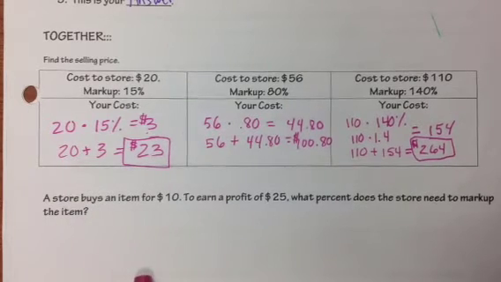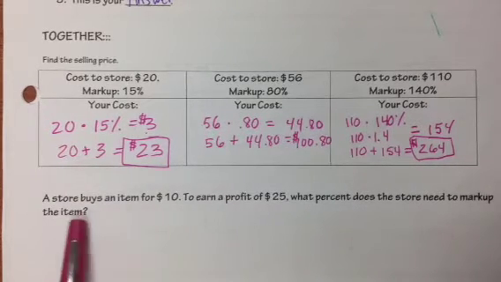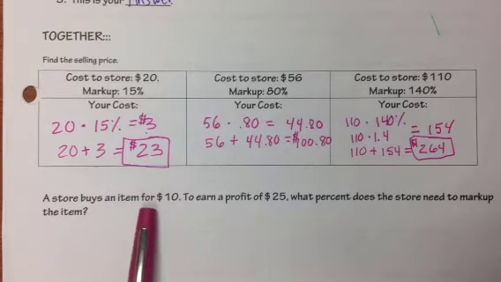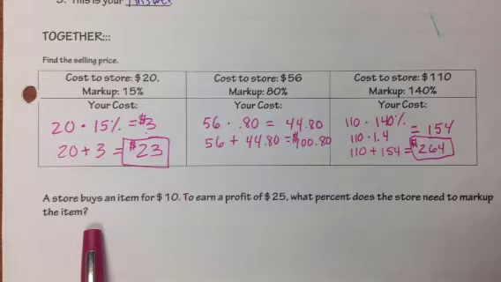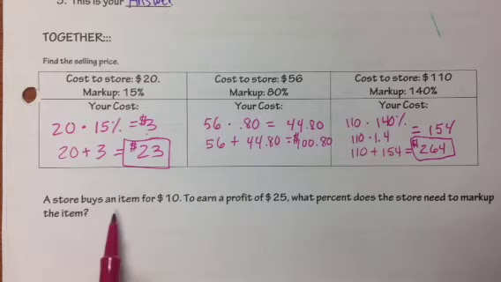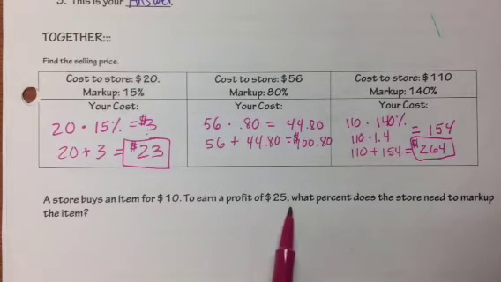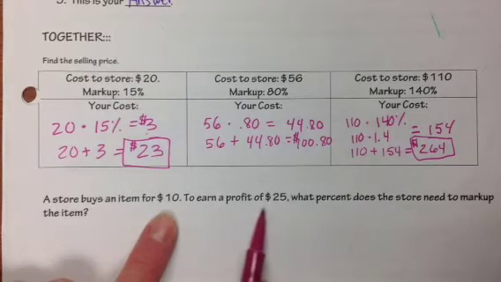All right, if you will try this one on your own. Actually, I'm going to do this one with you. I don't think you'll have any try on your own this time. You'll see that this one's different because the percent is missing. So we need to do percent of change. It's the same idea that if you're missing the percent, do percent of change. So it says a store buys an item for $10 to earn a profit of $25. What percent does the store need to mark up the item? Okay, so they want to earn $25. That is not our new.